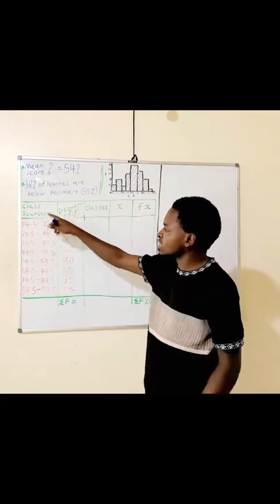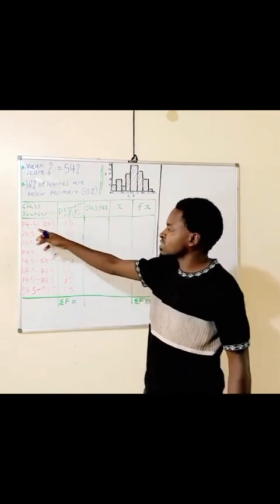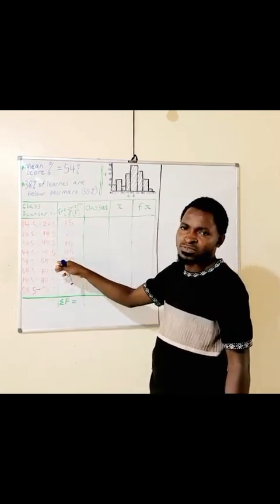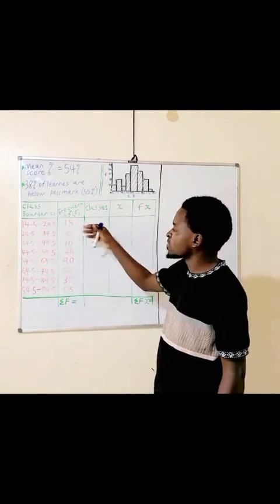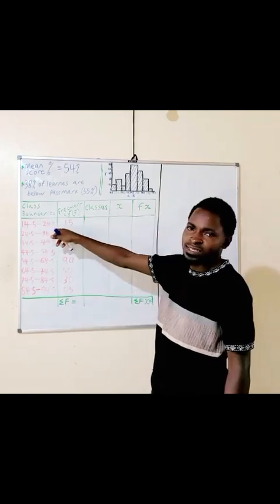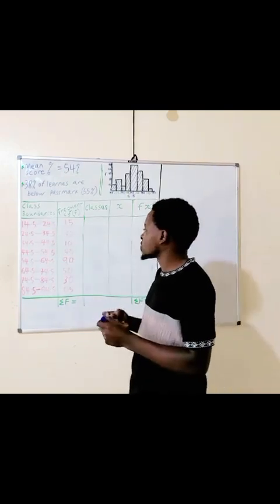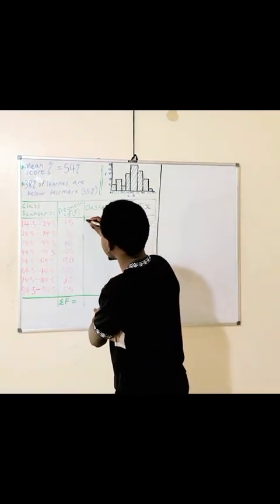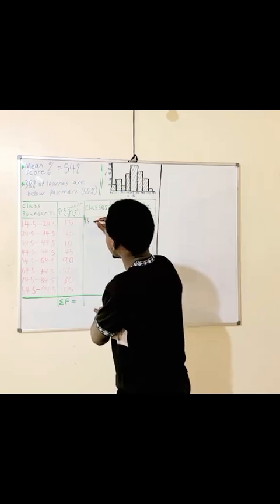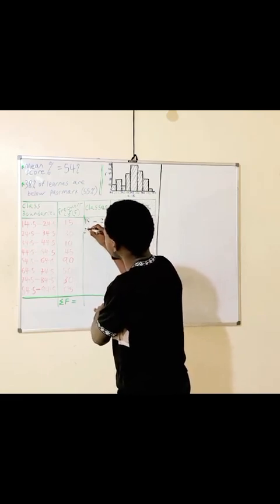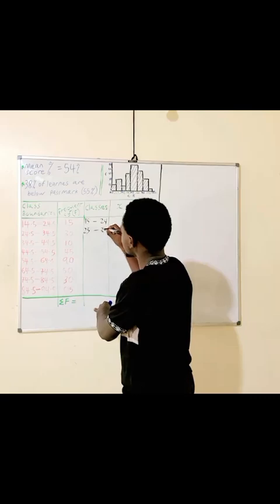Remember, we get class boundaries from classes by subtracting 0.5 from the lower class limits and adding 0.5 to the upper. So for now I'm reversing, which means I add on this side and subtract on this side. Let us do it together. This one, if I add 0.5, I get 15. This is 24. Then this is 25, this is 34.